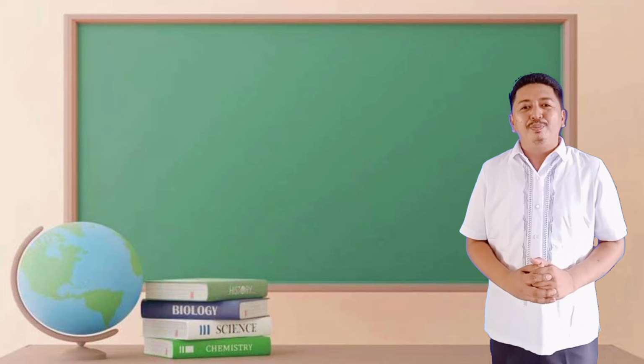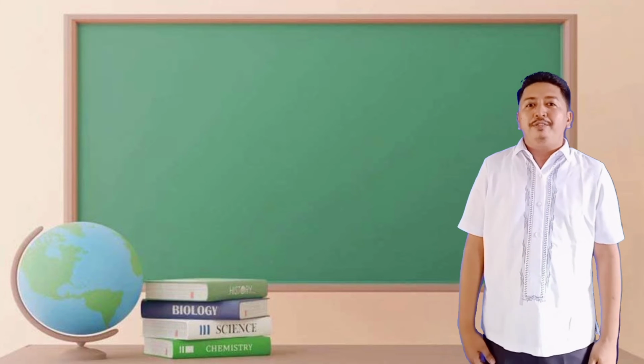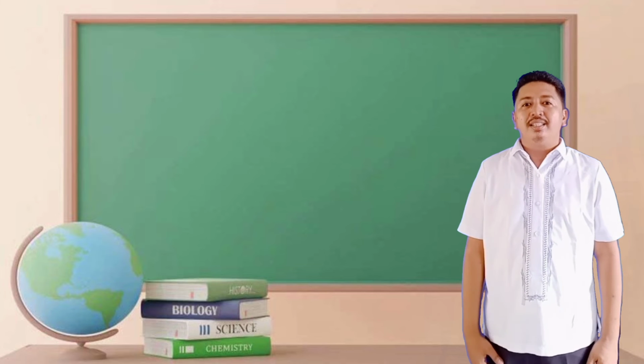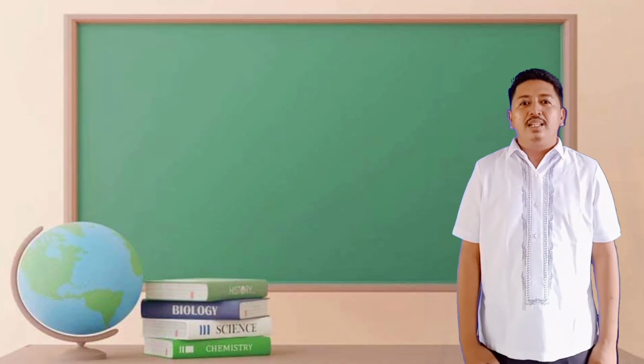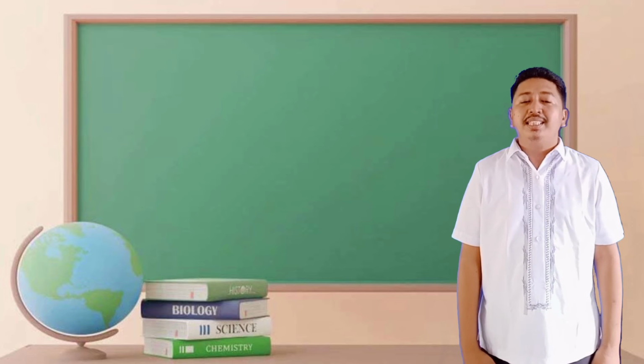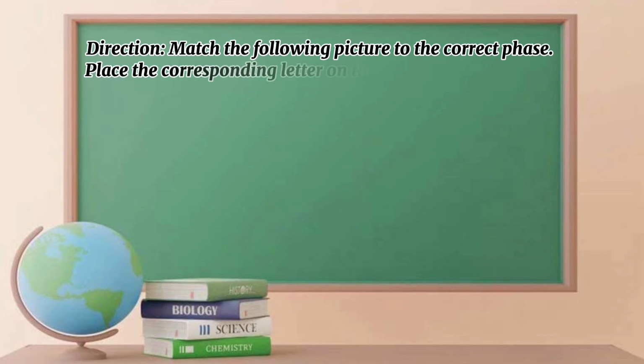I hope you enjoyed this activity. Let me check if you really understand our lesson. I will give you another task. This is called the Match Moon Phases Assessment. Direction. Match the following pictures to the correct phase. Place the corresponding letter on the line next to the picture.